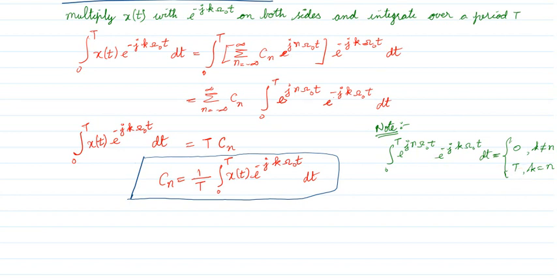So when k and n are equal, this becomes equal to T, and in place of k I can put n.